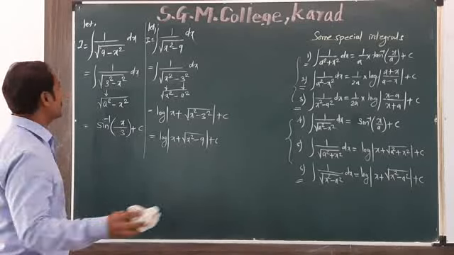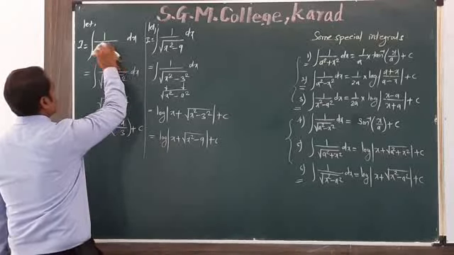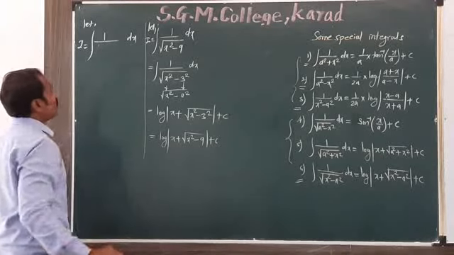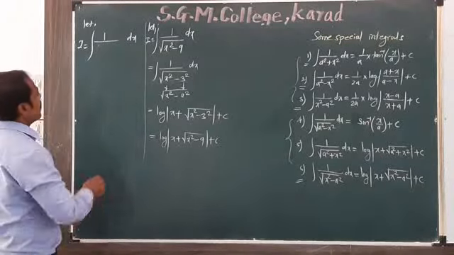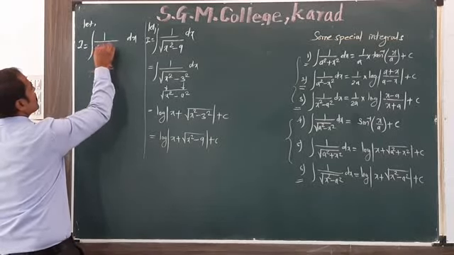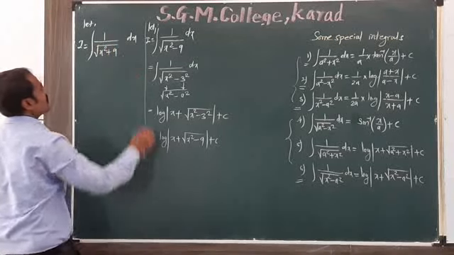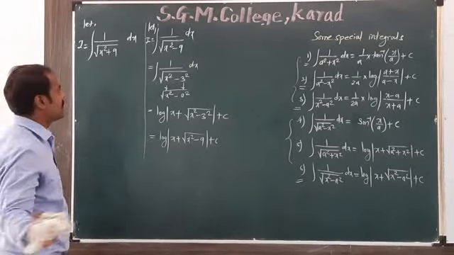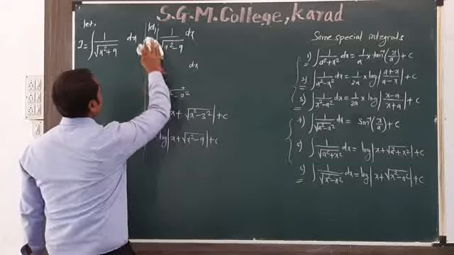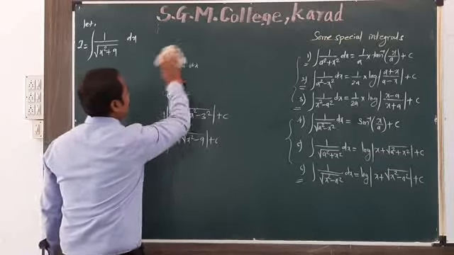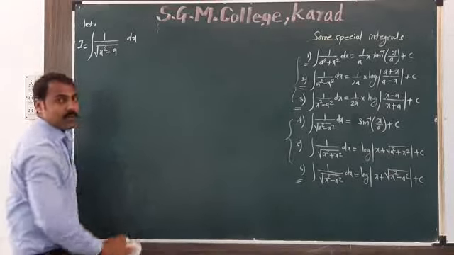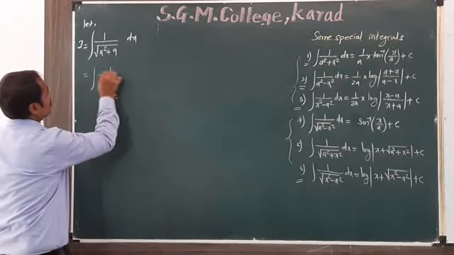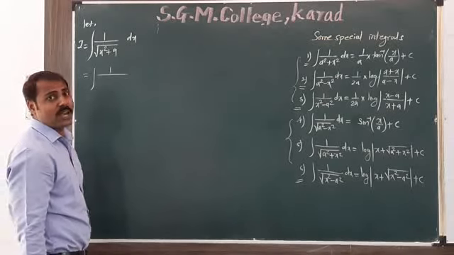Next example is evaluate the integration of 1 upon square root of x square plus 9 dx. Look here, in this example also the numerator is 1 and the denominator contains a square root sign in which one term is a variable square.